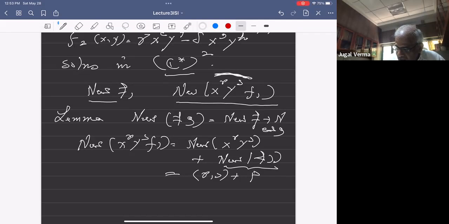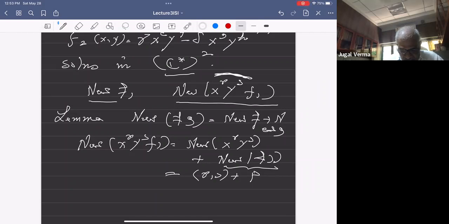So solutions of F1 and solutions of X^R Y^S F1 are the same in C star squared. So if I'm looking for solutions in C star squared of F1 and F2, I can multiply F1 and F2 by any monomials without affecting the mixed area or the number of solutions.